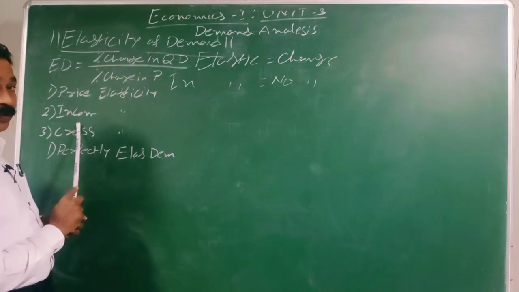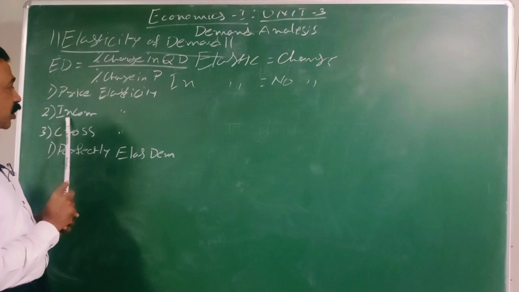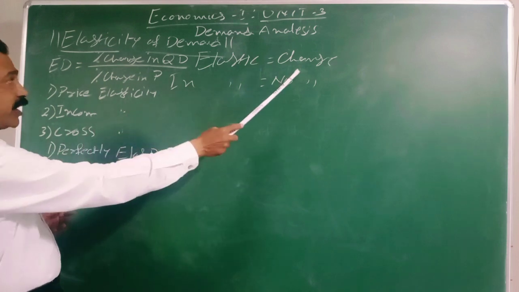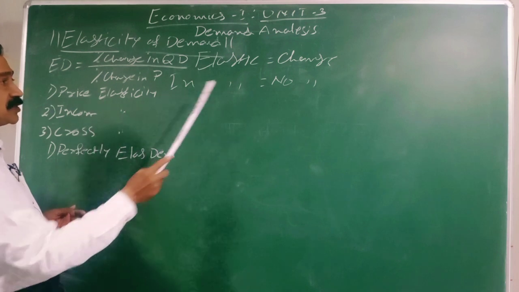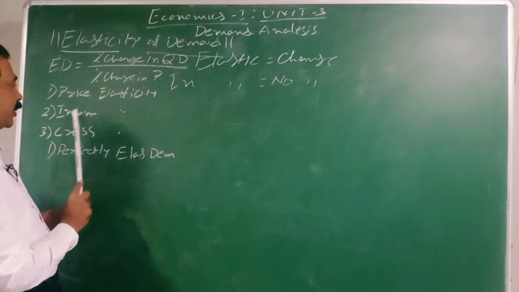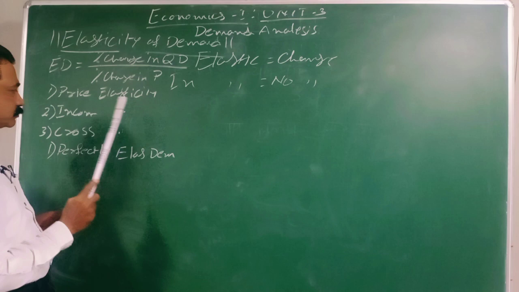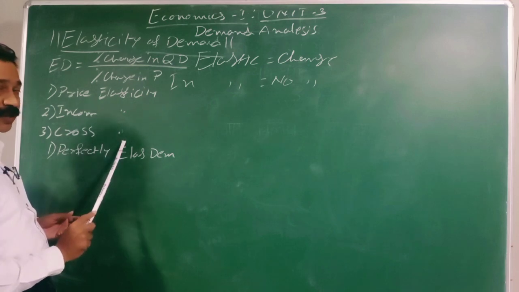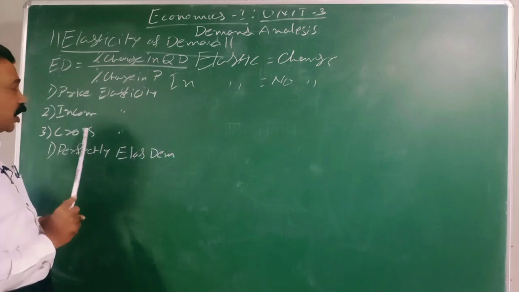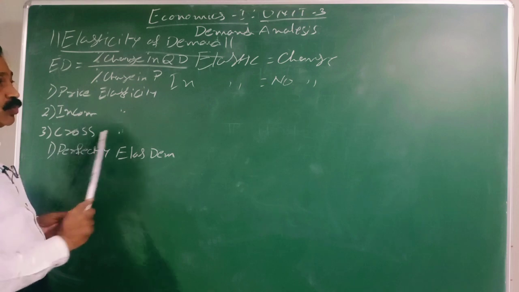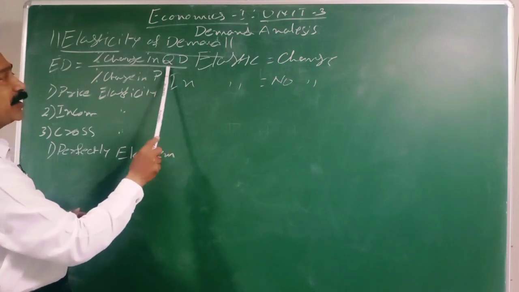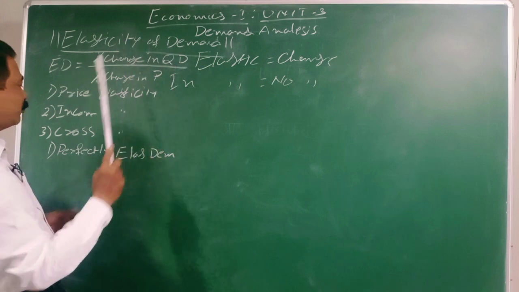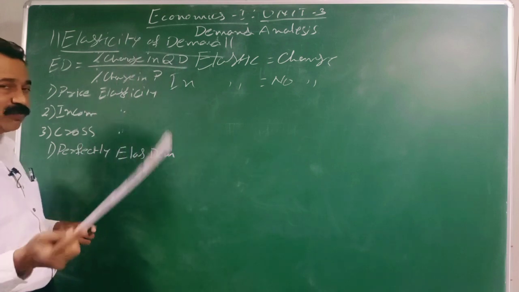Second, some other day we will discuss how income changes the demand. Income elasticity. Cross elasticity. Cross means relative goods, how relative goods change the quantity of demand. That we will discuss on cross elasticity, but in the future classes.